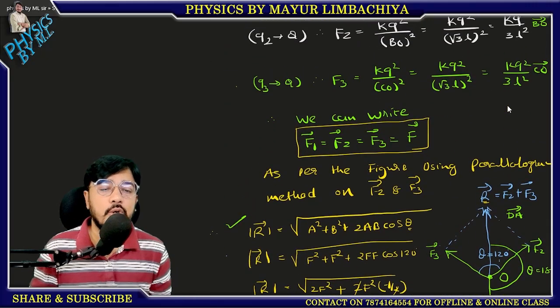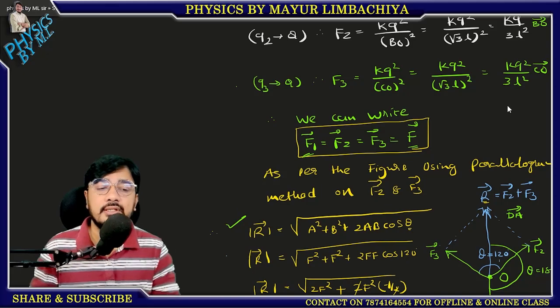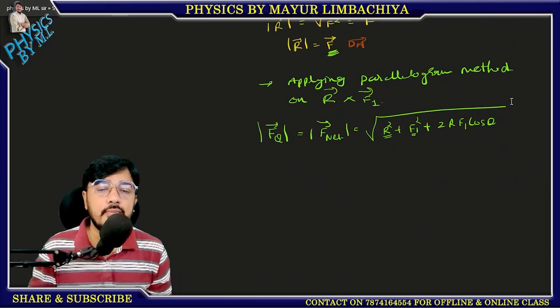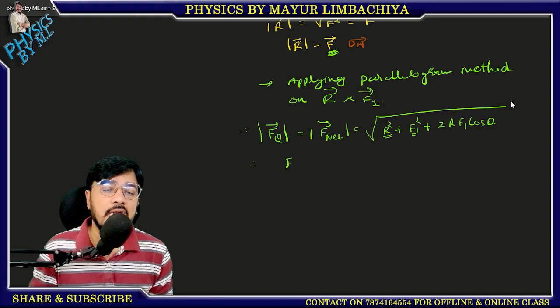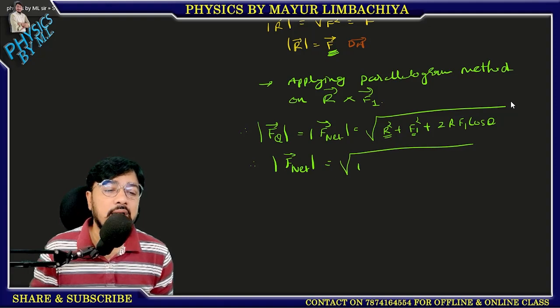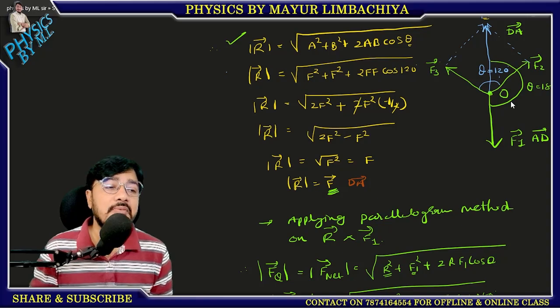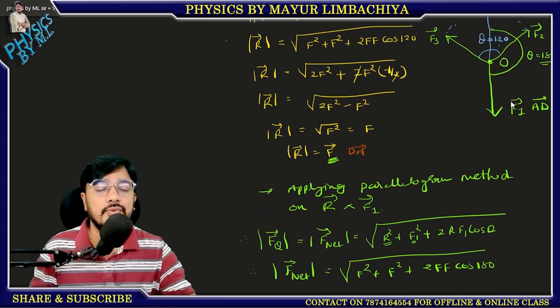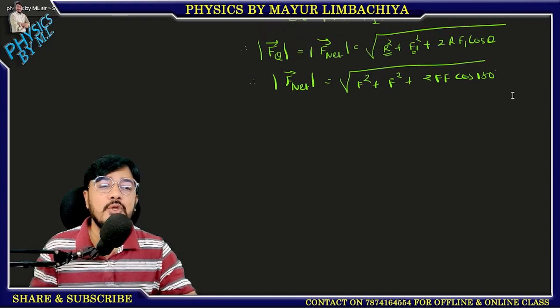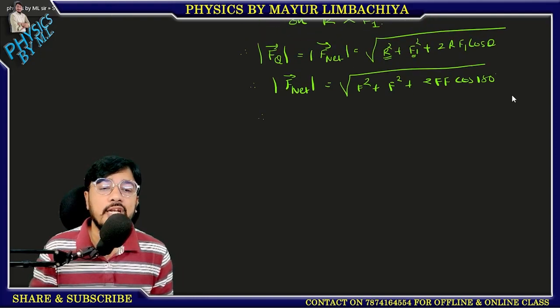So f net is under root of f square plus f square plus 2ff cos 180, because the angle between these two forces is 180, and the value of cos 180 is minus 1.